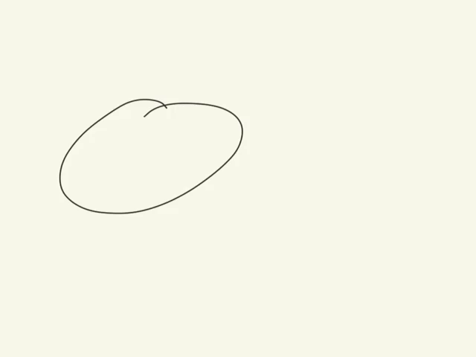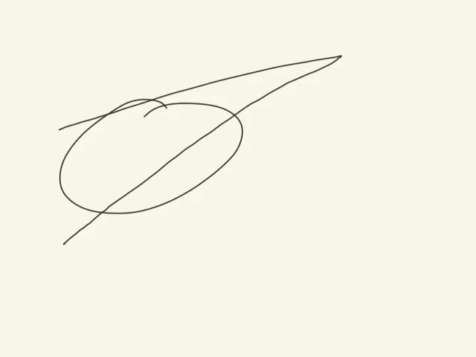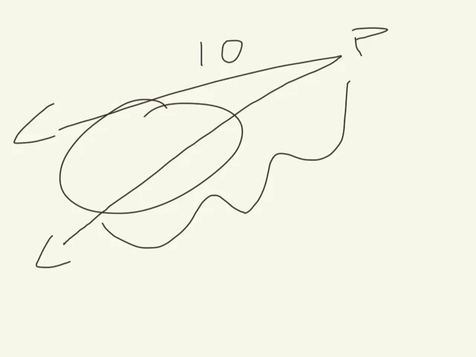What if we have a tangent and a secant drawn from external point P? We have that the tangent is equal to 10 and the whole secant is equal to 20. How would you find the outside segment of the secant?